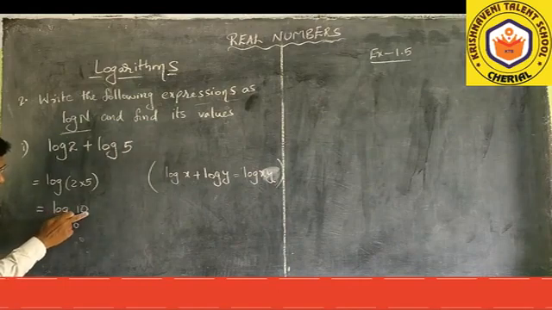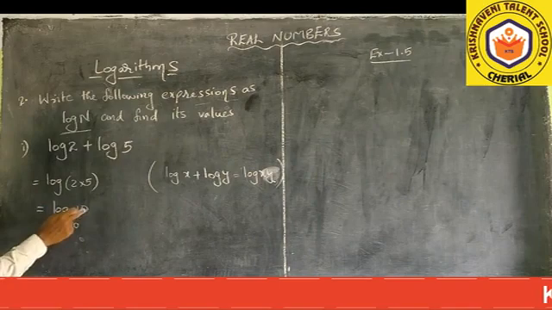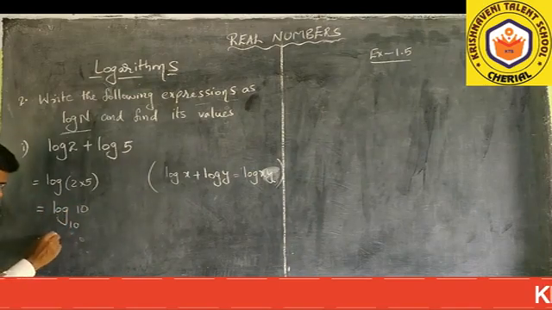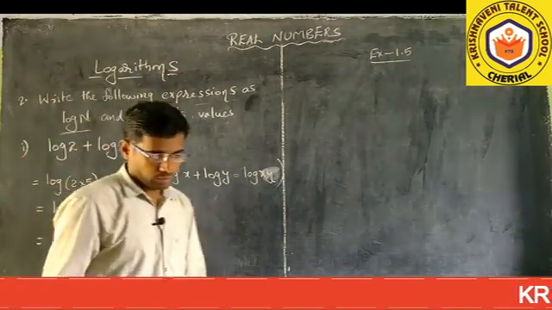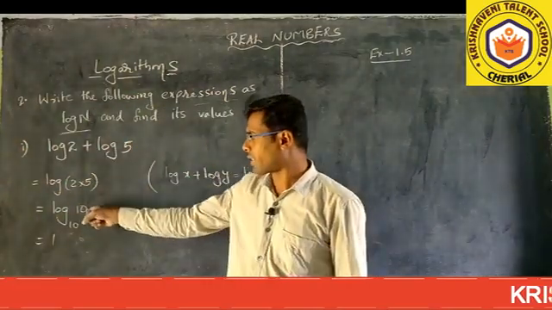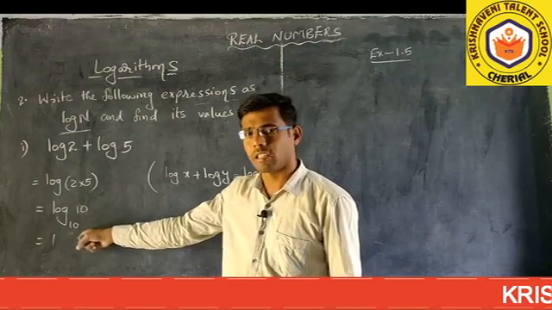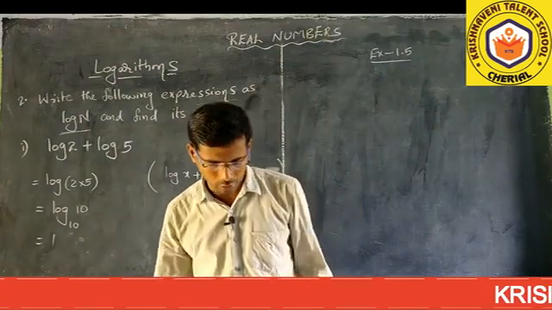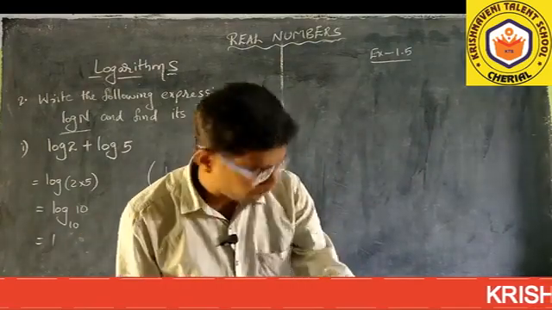So now the number is 10 and the base is also 10. Whenever in logarithms the number and the base are the same, its value is 1. You will get 1. First I made it a single logarithm, and I also calculated its value. Its value is 1. Next, another problem.